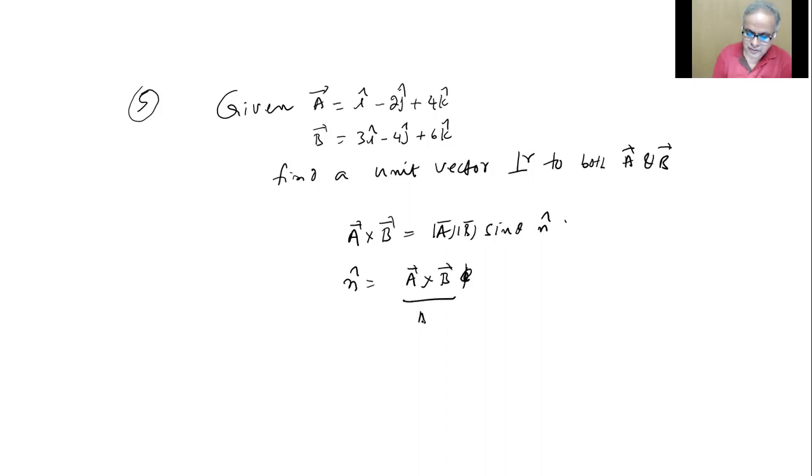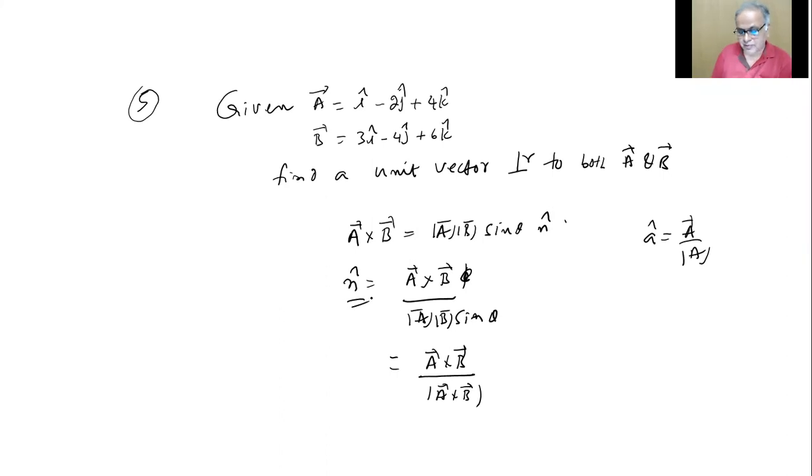So n cap is A cross B by mod of A cross B. Any unit vector is the vector by its magnitude. A cross B is the cross product, any vector by its magnitude. That will be a vector perpendicular to both A and B.